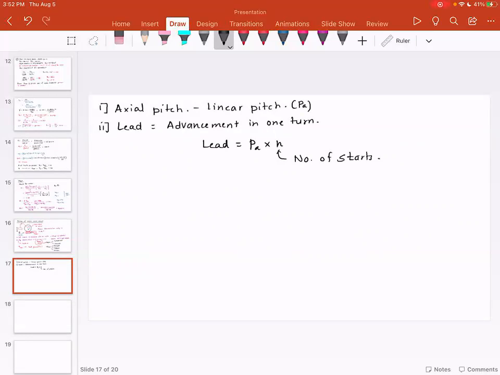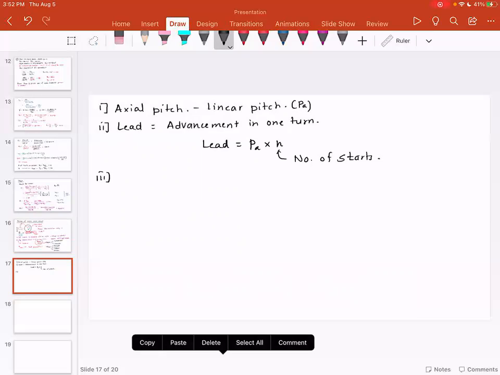So if it's a single start worm, then the lead is going to be equal to linear pitch. If it's a multi-start worm, it's going to be lead multiplied by 2 or 3, whatever the number of starts are. Just like power screw, you are going to have a helix angle.